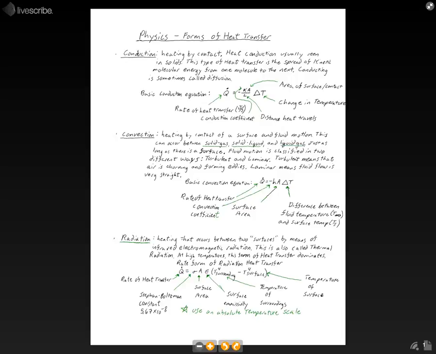So this can be true of convection heat transfer in some cases, and sometimes in conduction. But in radiation, always make sure to use an absolute temperature scale, which are usually degrees Kelvin or degrees Rankine for the English units.